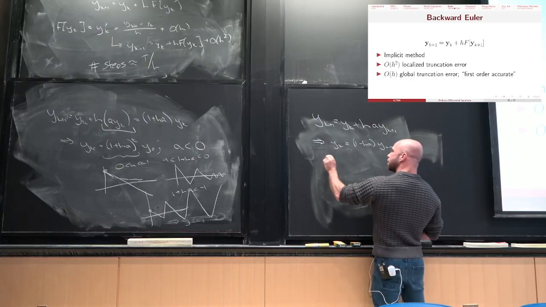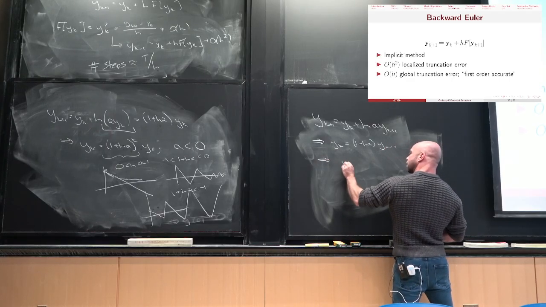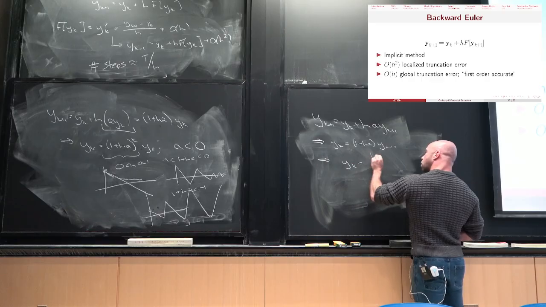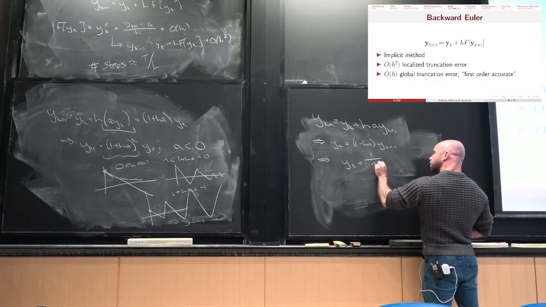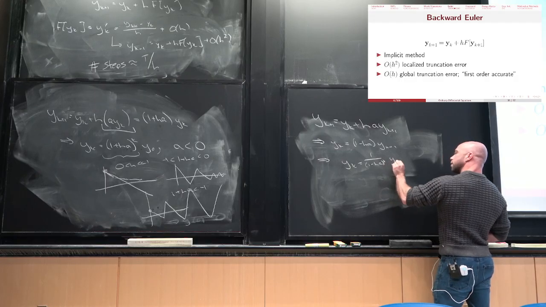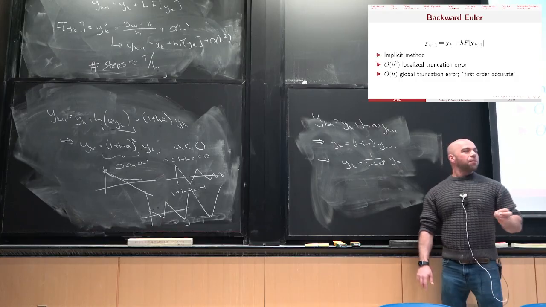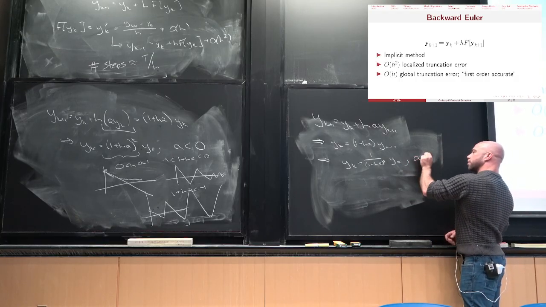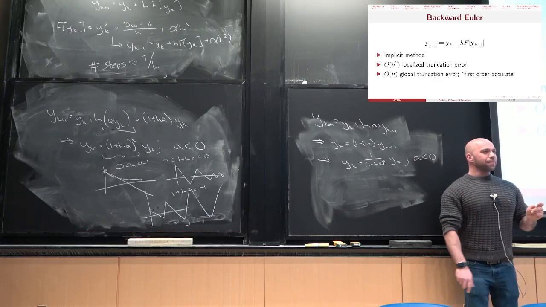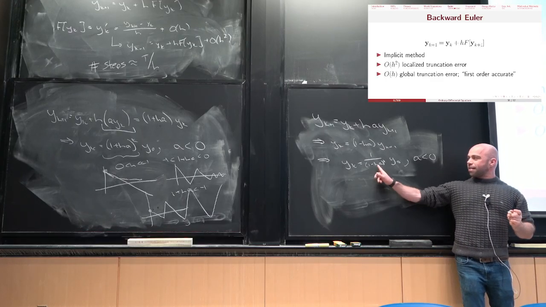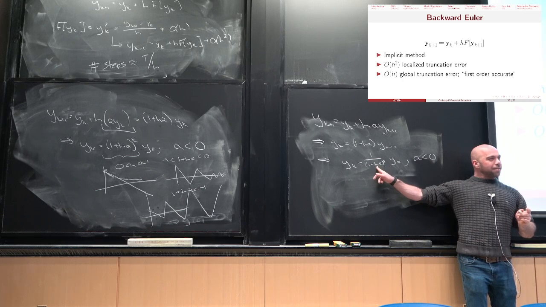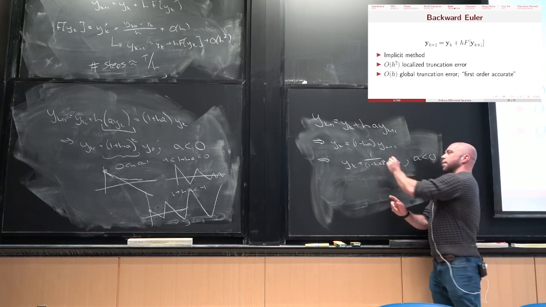Yeah. So in particular, we can conclude from that that yk is really equal to (1 over (1 minus ha)) to the kth power times y0. Cool? And again, remember, we're only going to worry about the stable case, so we're going to assume a is less than 0. Now, if a is less than 0, h is positive, what can we say about this coefficient?